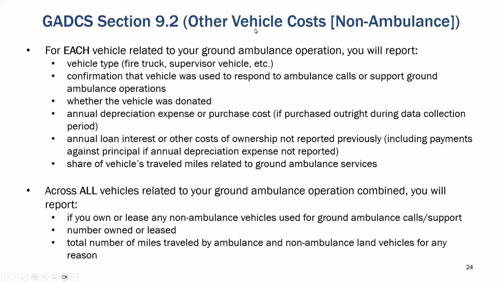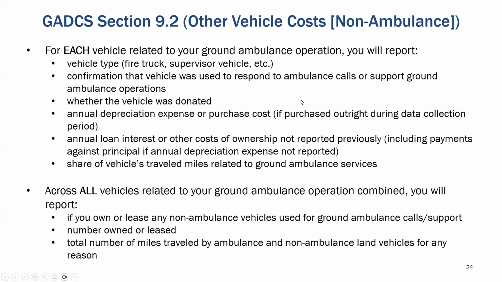So for section 9.2, where there's a question about other vehicle costs that are non-ambulance vehicle costs, it's important to note that you can report vehicles here like fire trucks or supervisor vehicles or quick response vehicles. All of those kinds of vehicles, again, if they are not related to your ambulance operation, they should not be included.